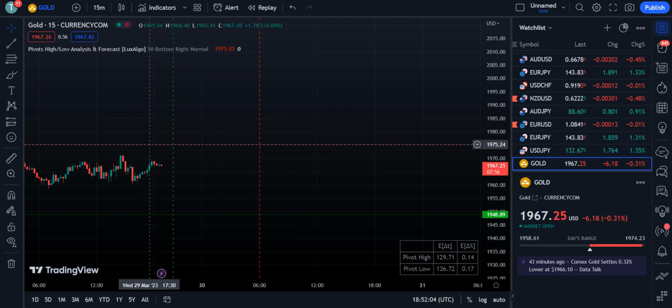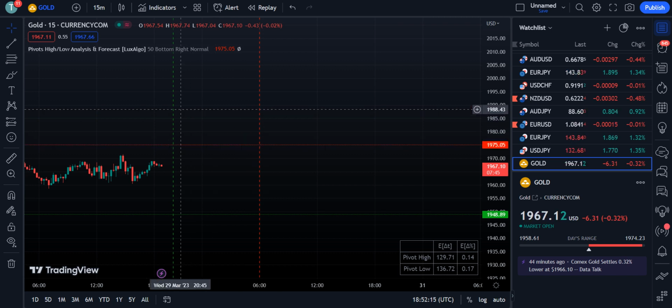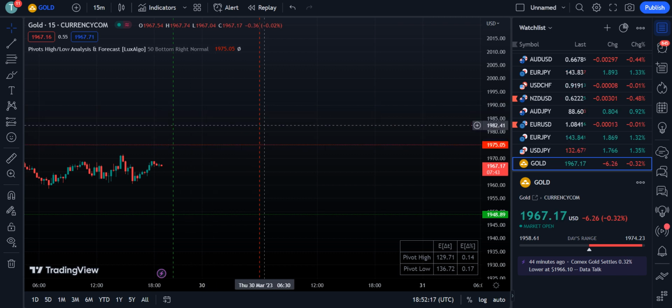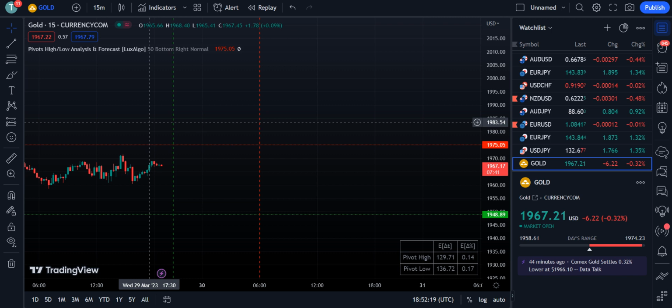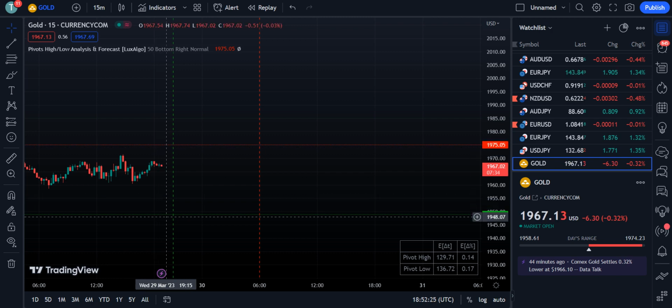This red color horizontal line is indicating the resistance level and the green one is indicating the support level, and the 2 vertical lines are also there with the green and the red color, and these are also the time estimates where price action is supposed to hit the bottom or the top of these horizontal lines, right?